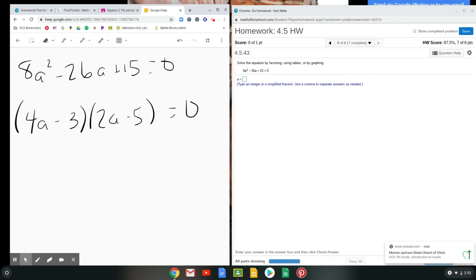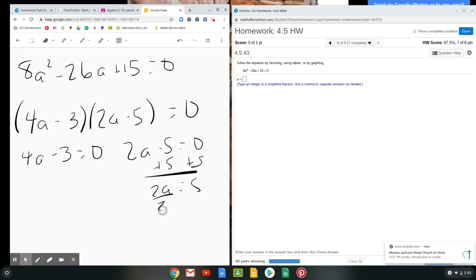So when you check that, you do get negative 26a for the middle term. So 4a minus 3 equals 0, 2a minus 5 equals 0. Add 5 and divide by 2. So a equals 5 over 2.